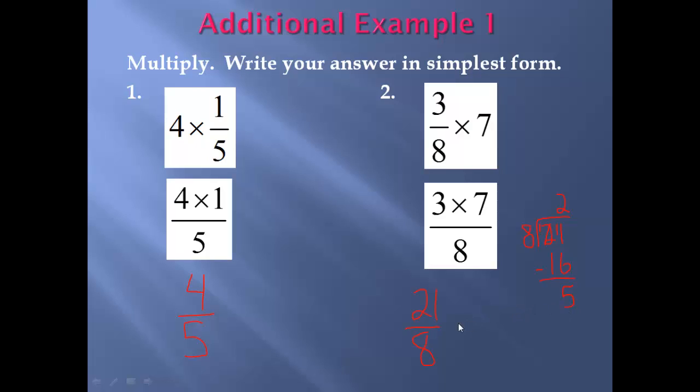So 21/8 is equal to 2 5/8. We get this because 2 would be our whole number, the remainder down here at the bottom, 5, would be our numerator, and 8 is our denominator. It's what we divided by, and it's the denominator in the problem.